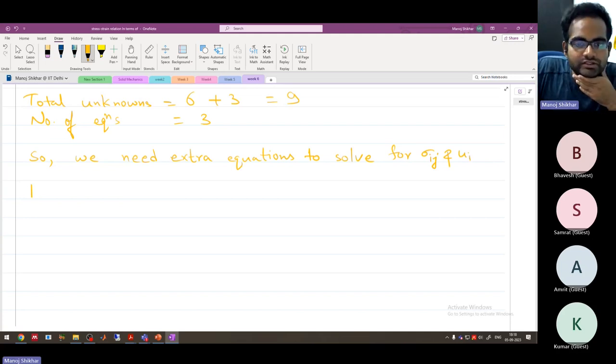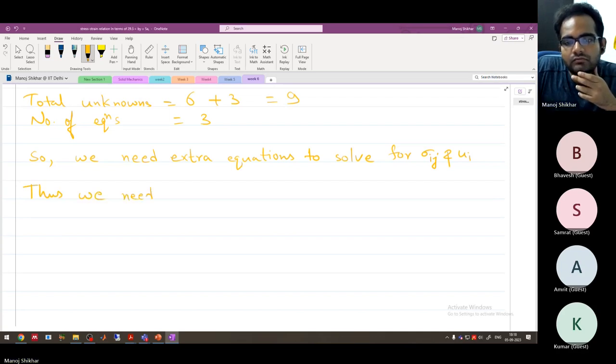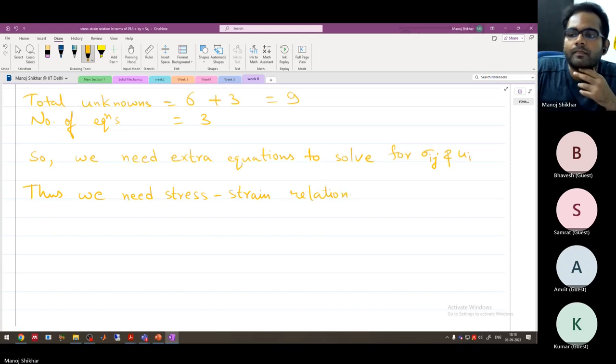Thus, we need the stress-strain relation. These are also called constitutive relations.